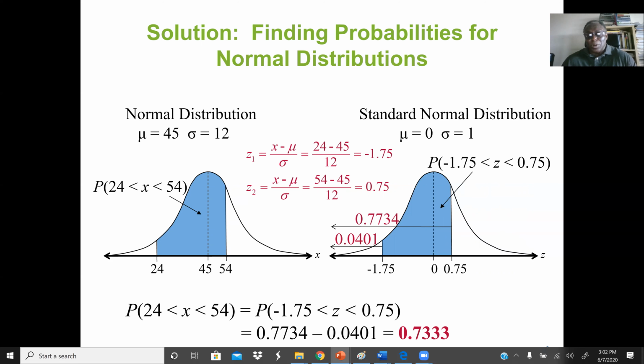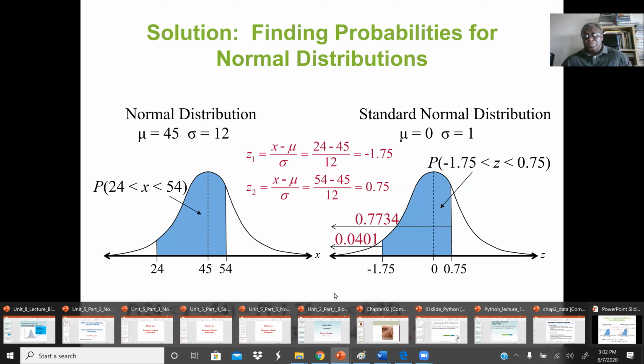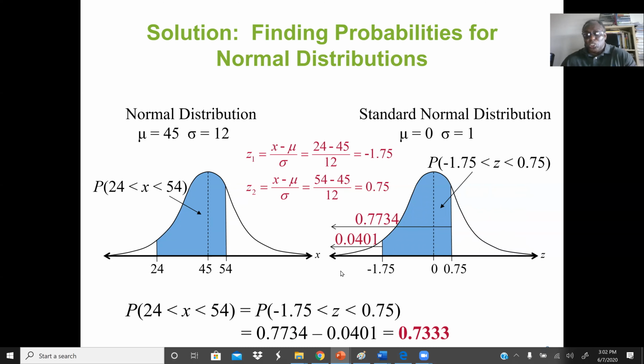So that's what we say: the probability of 24 to 54 is the area between negative 1.75 and positive 0.75, which is 0.7734 minus 0.0401. And this will be our solution.